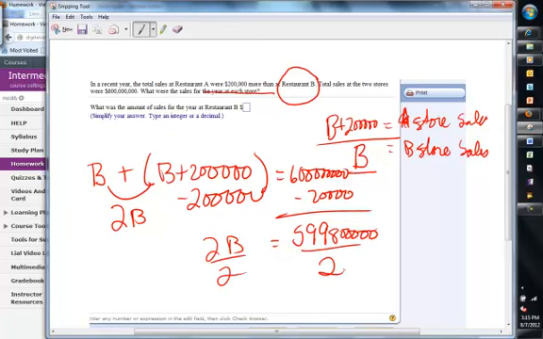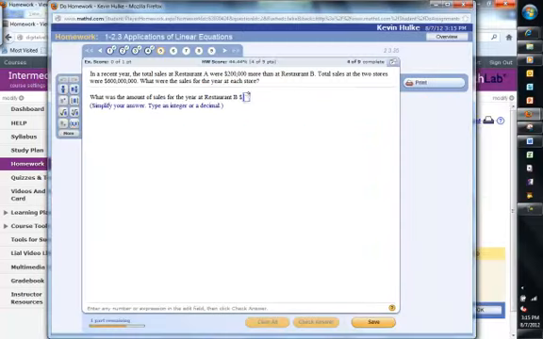So on our calculator, we would press 599,800,000 divided by 2. B equals 299,900,000. 2999 followed by 5 zeros. 1, 2, 3, 4, 5.